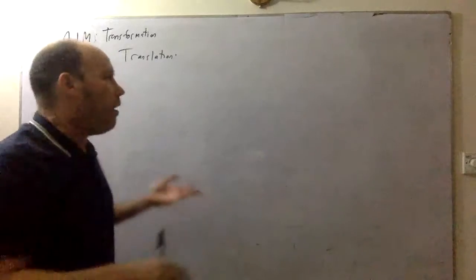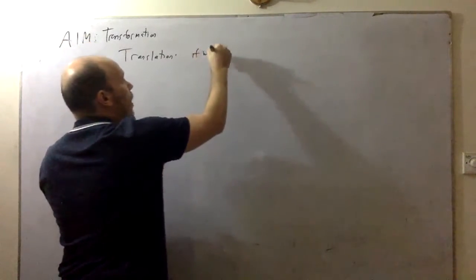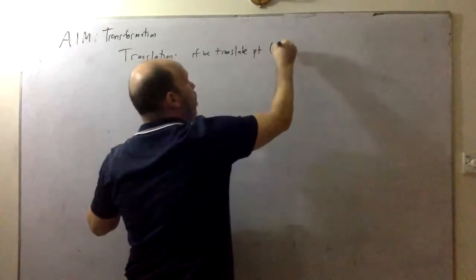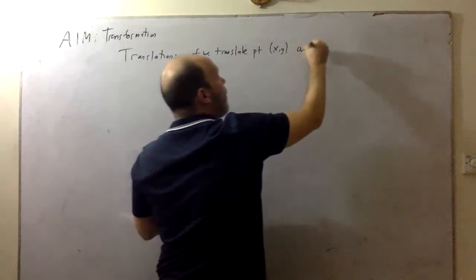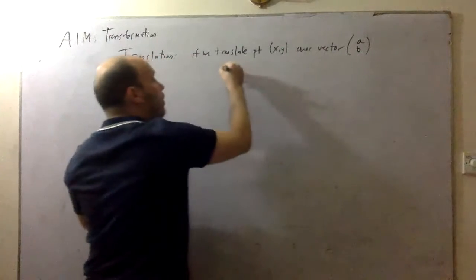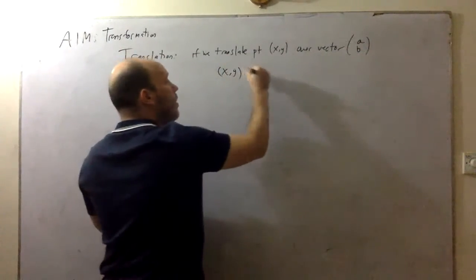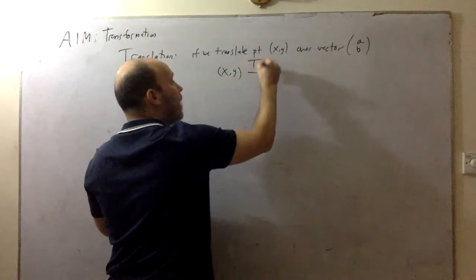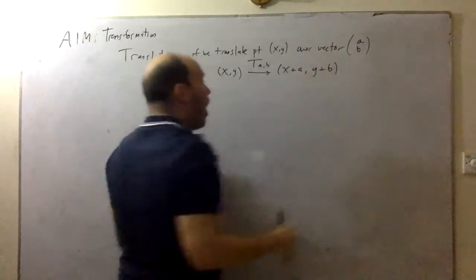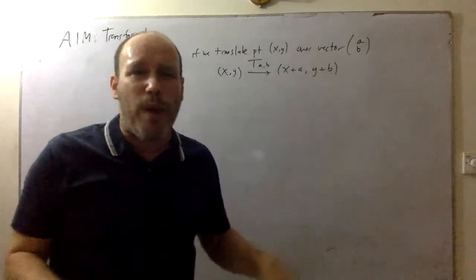We saw that if we translate a point (x, y) over the vector (A, B), it moves A to the right and B up, left or right, up or down. We had no problem with that.